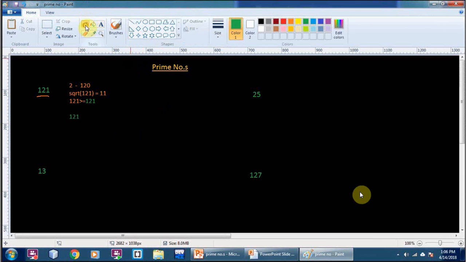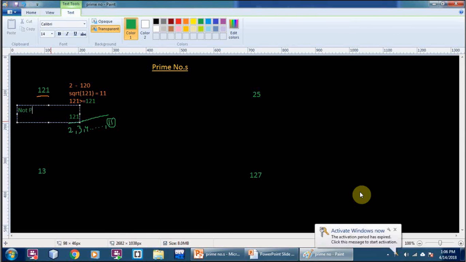So we will try to divide 121 with 2. We know it will give some remainder. Same with 3, 4. Same with 5, 6, 7 up to 11. We know 121 is divisible by 11. So 121 is not a prime number. I don't need to check all numbers up to 120. So this number is not a prime number.